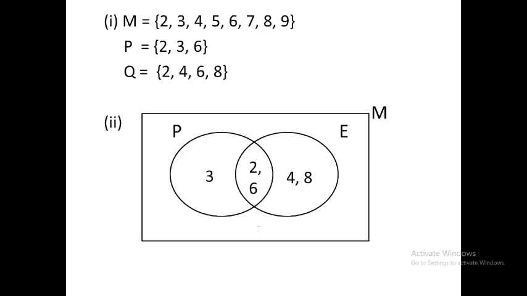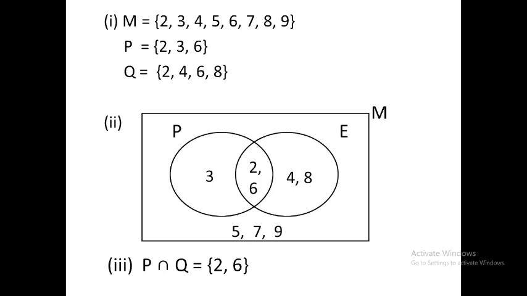And so we have 5, 7, and 9. The next thing says to find P intersection Q. Of course, it is obvious. P intersection Q is what? 2 and 6. Good.